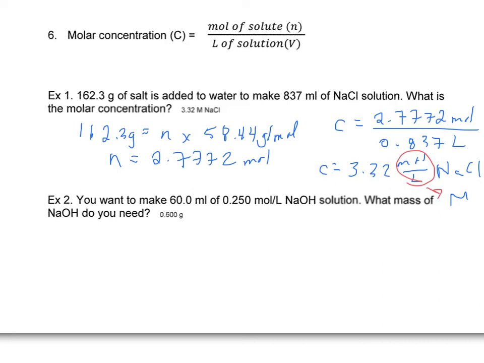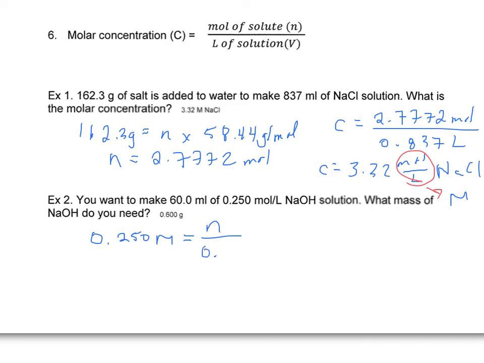Because I'm given the concentration of the solution and the volume I want to make, I'm going to sub these into the equation C equals n over V. C is 0.250 moles per liter, and I can solve for little n representing moles. I need to convert my 60.0 mL into liters.